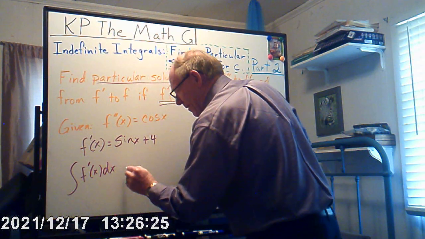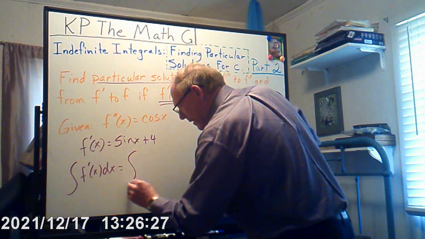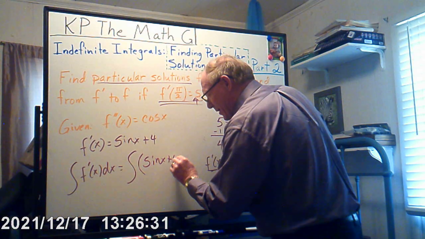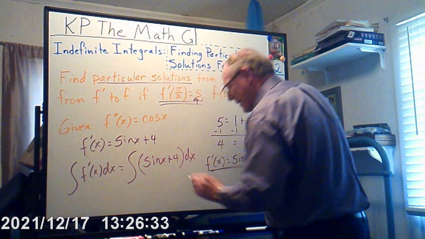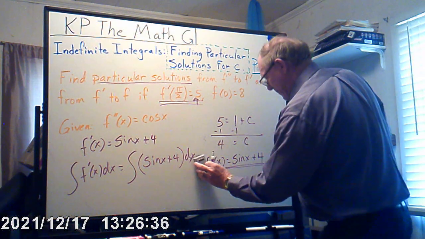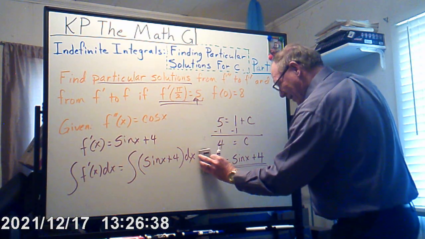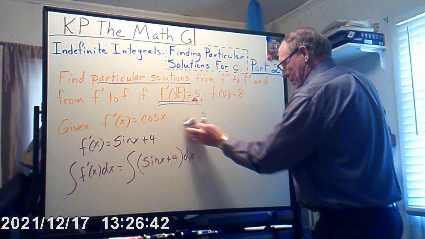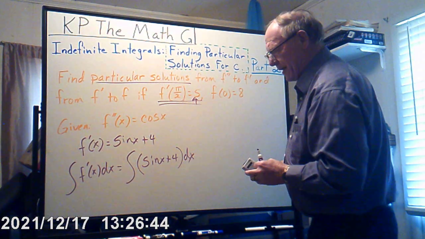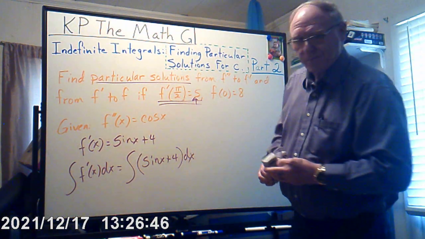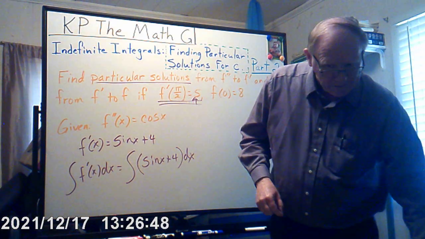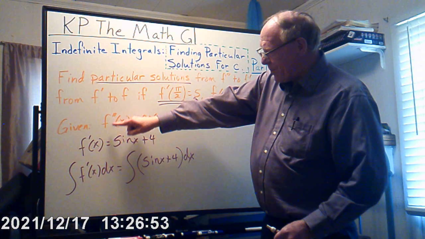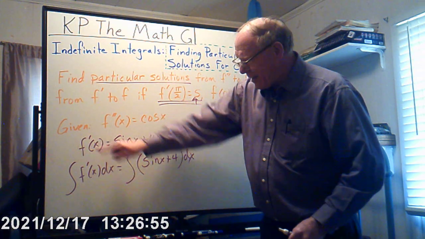Now we want to take the antiderivative, like we did before, of sine x plus 4 dx. That's what we want to do. There it is. We'll erase it now, because we're going to need the entire board. Are you with me now? We took the antiderivative of f double prime to get f prime.